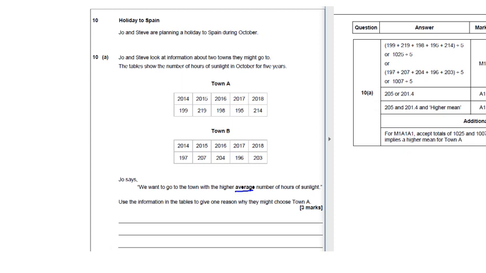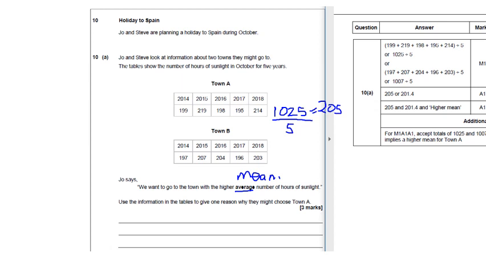So average, I'm thinking mean, which is add them up and divide by how many. So these numbers added together. You've seen me do it in the lesson. I just write the answers here so that I know exactly where I'm writing. Okay, so that number divided by the 5 years is 205.